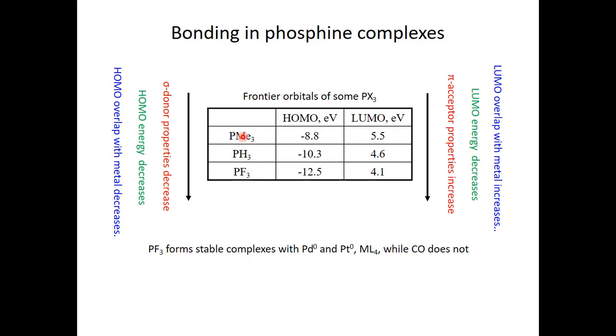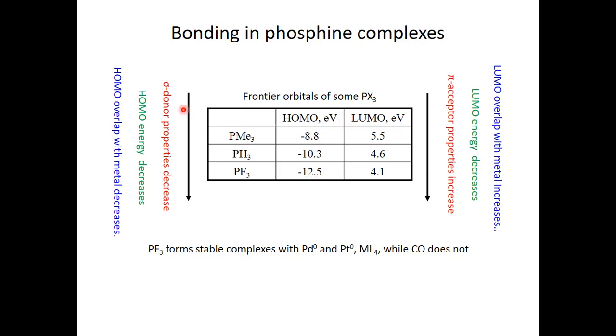So for the methyl groups, which are electron donating, we are pushing more electrons into the phosphorus, and therefore the highest occupied molecular orbital has a higher energy, minus 8.8 electron volts, higher than when we have a hydrogen substituent, where then the HOMO energy is minus 10.3 electron volts, and also higher than for the PF3, where the HOMO has the lowest energy value of minus 12.5 electron volts.